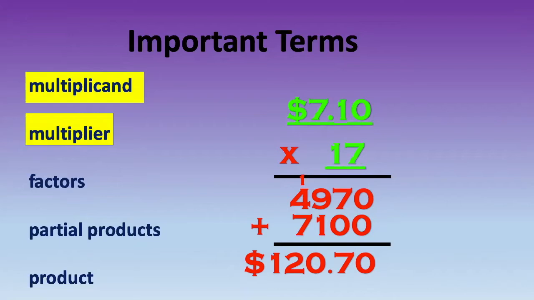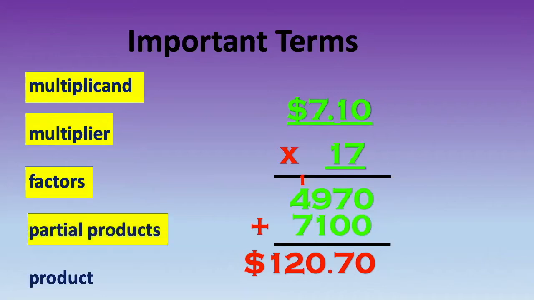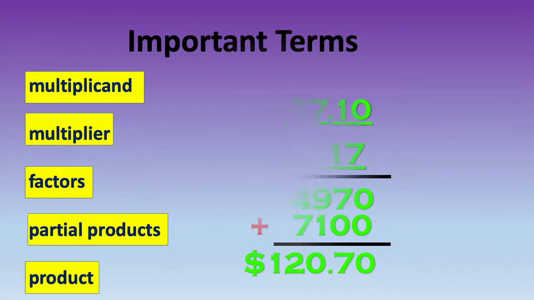Both numbers are called factors. 4,970 and 7,100 are partial products, and $120.70 is our overall product. Now that we know that, let's look at the steps for multiplying.